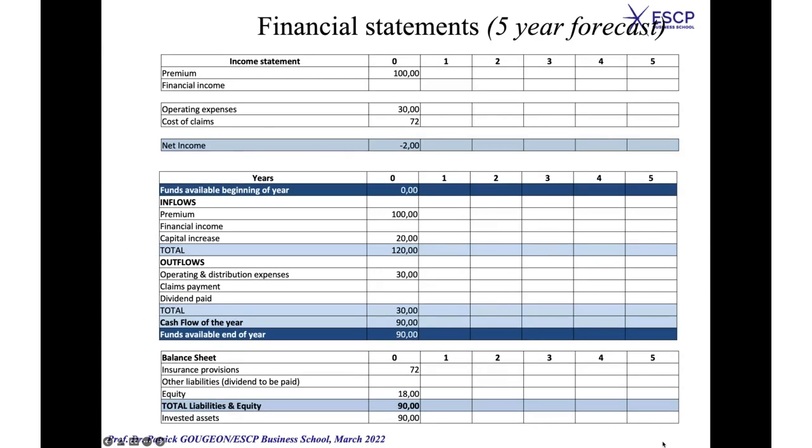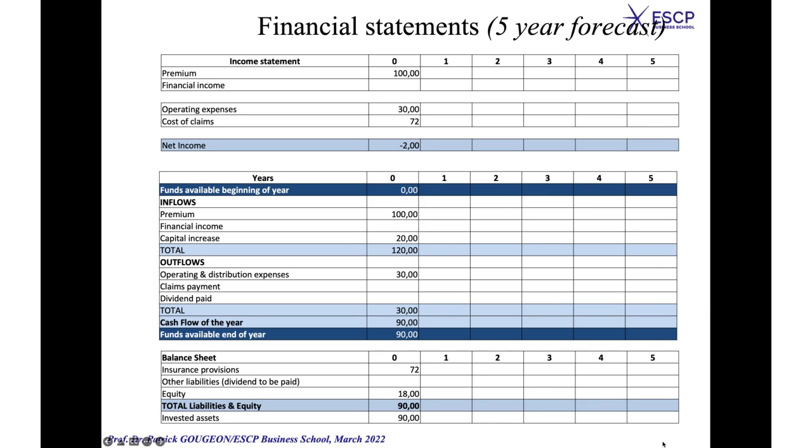Okay, what about the balance sheet when you start? On the equity and liability side, what do you have? You have the first line, insurance provisions. Why? Because in the income statement, we took the cost of claims, which is 72, because we're assuming that if we collect 100 of premium, then we will have to pay 72 of claims later.